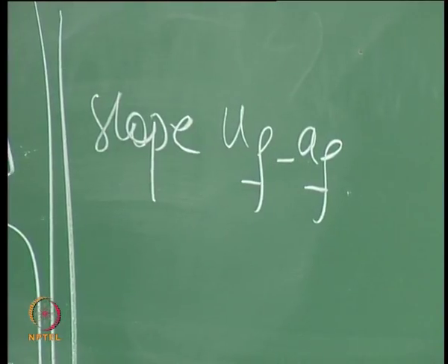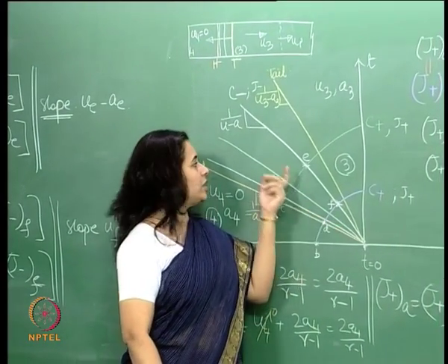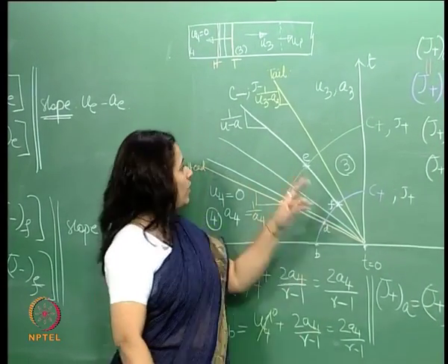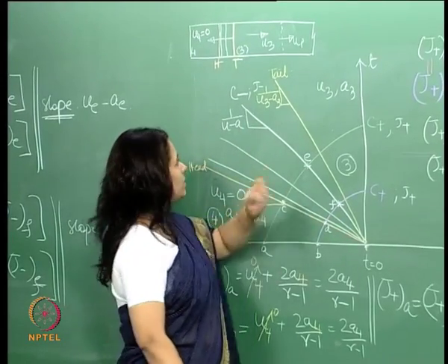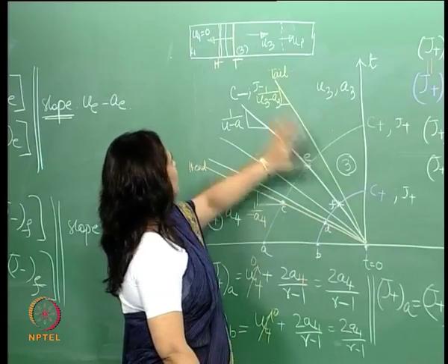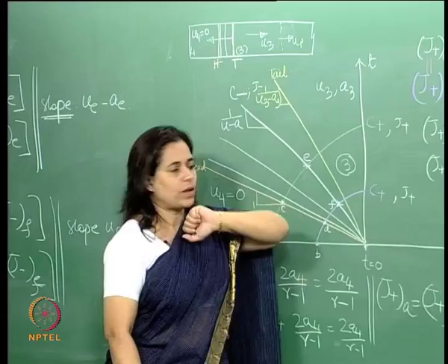Okay, so what I have done essentially is taken two arbitrary points on this C minus characteristic, which lies anywhere in between, which represents any part of the expansion fan.